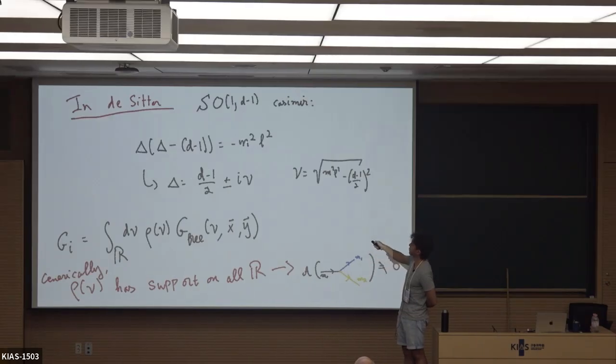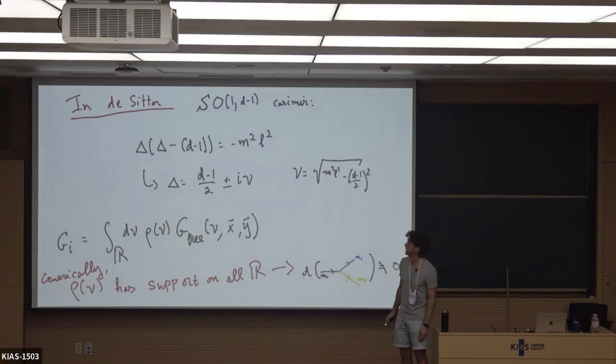You can see if m is pretty big, then delta squared is minus m squared, so delta can be imaginary. This nu is the quantity that goes in the density. And this rho of nu for a generic field theory is very different from the diagram I showed you in flat space. In flat space, you have this cut that separates from the mass poles. But for a generic interacting QFT, this rho of nu has support on the entire real line, which implies that this amplitude is not zero.